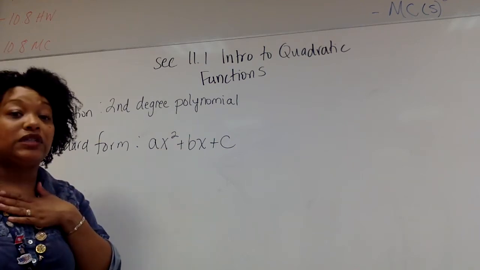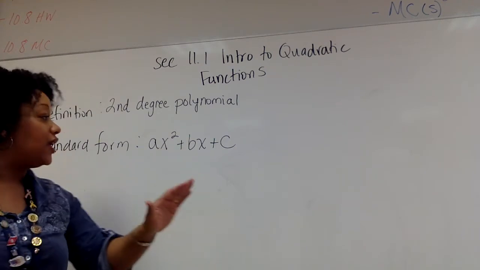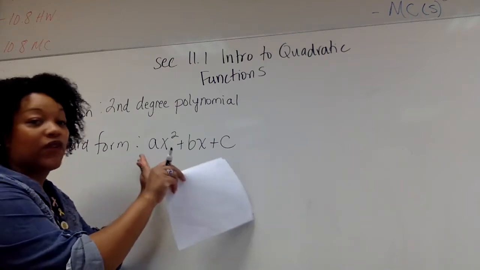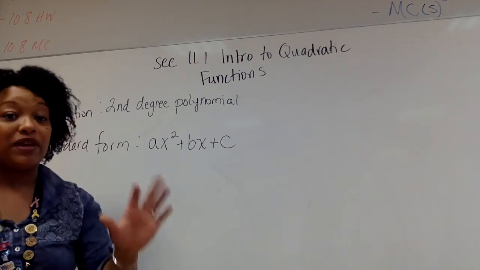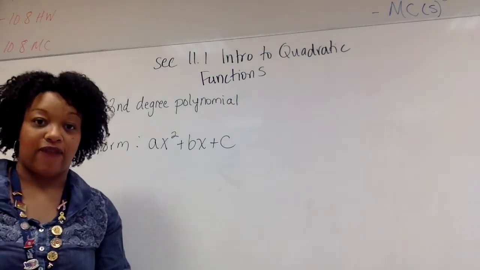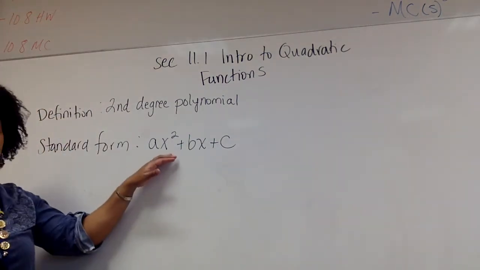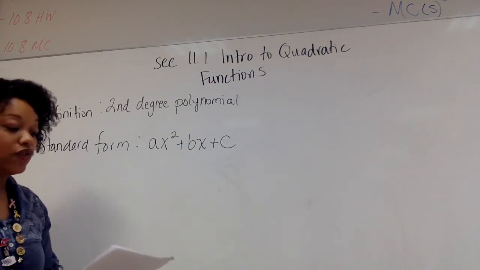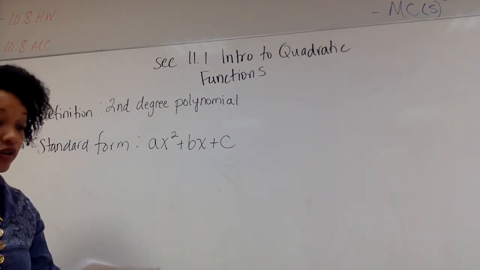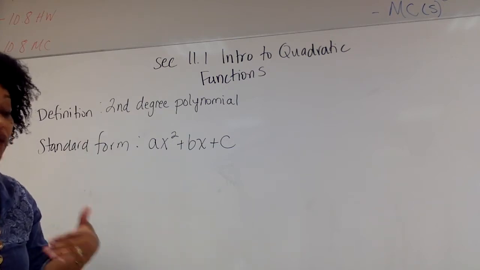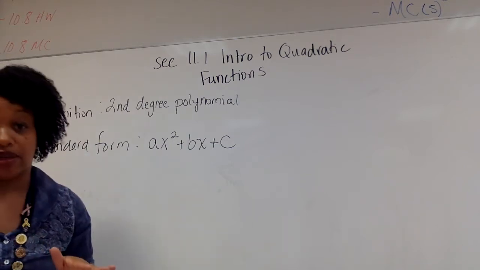Now, what I'm going to do in this section is we're going to break this form apart and only talk about different pieces of it and how we graph. So this goes in your blank where it says a quadratic function should be written as, right? So far, so good.